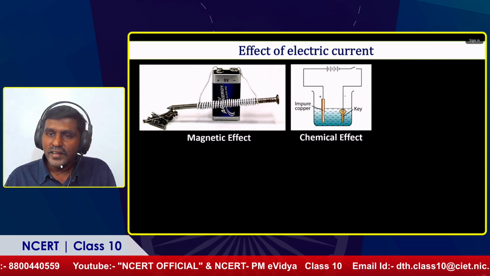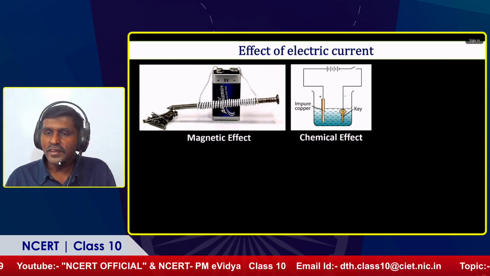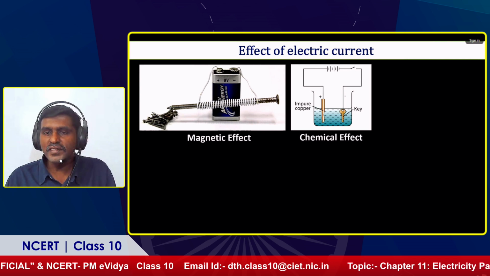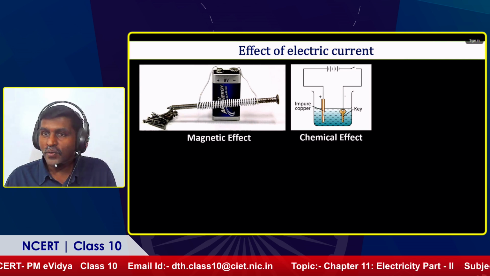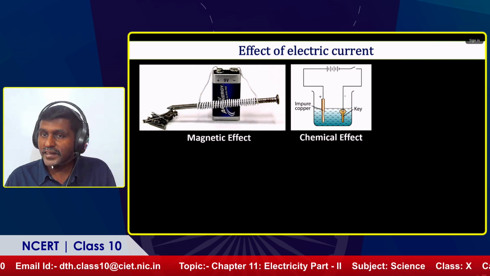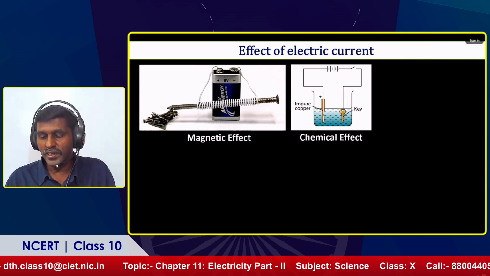When a current is passed through some solutions, there are some changes because of the chemical effect, and that type of effect is called a chemical effect. Electroplating is done using this chemical effect only.